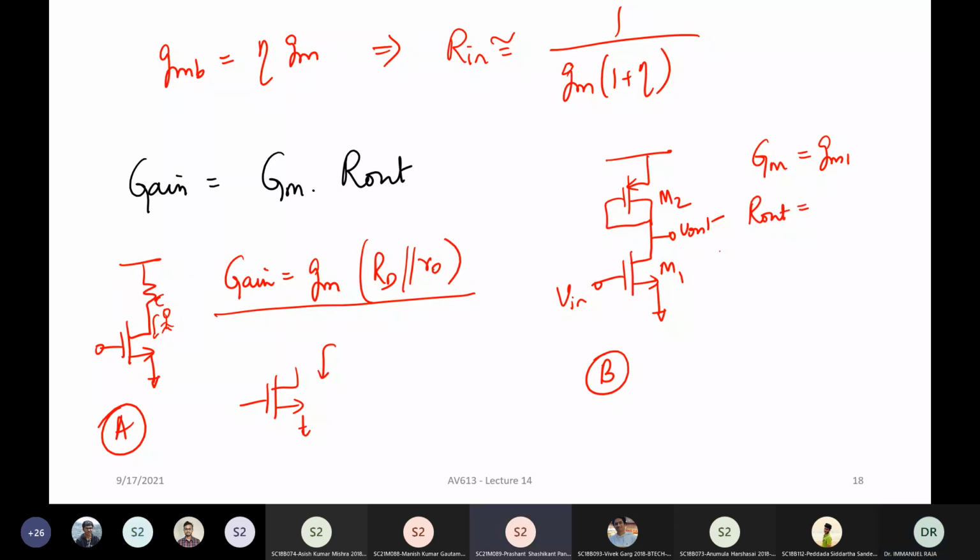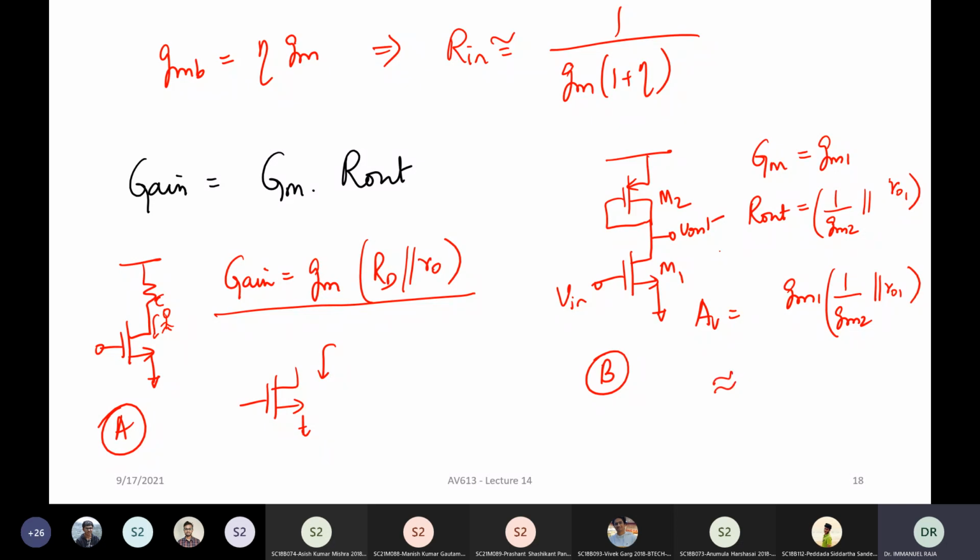Now what is the Rout? It is 1 by gm2 parallel r01. You look up, you have 1 by gm2 and here you have r01. Now your overall gain can be derived to be gm1 into 1 over gm2 parallel to r01. This can be approximated.